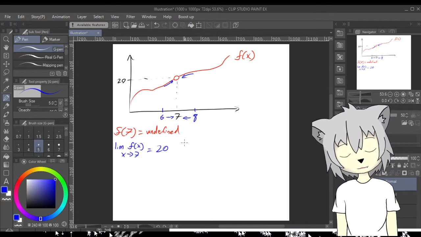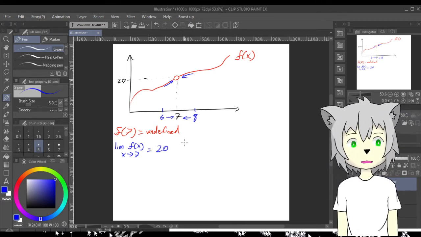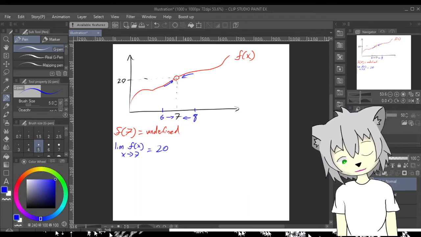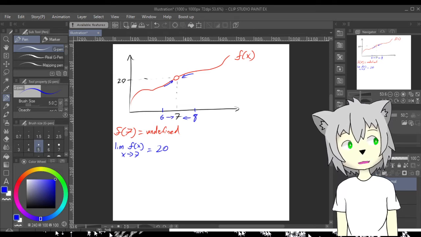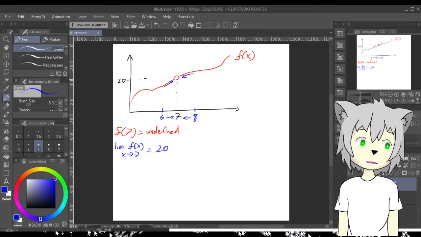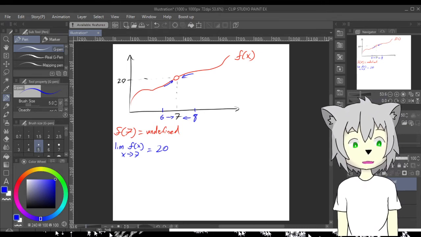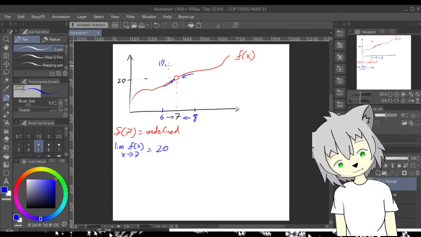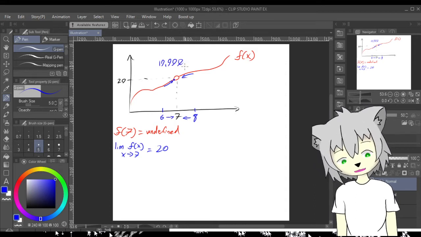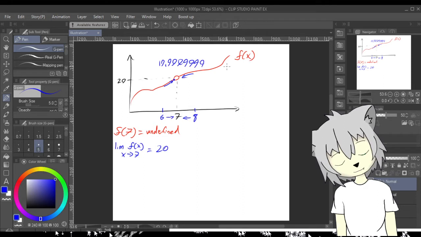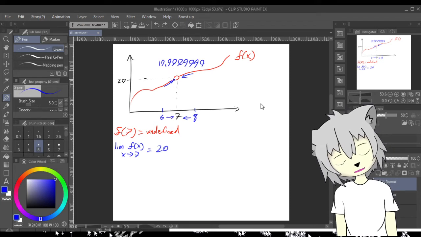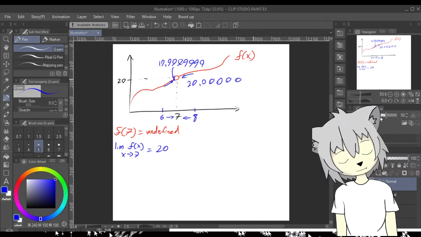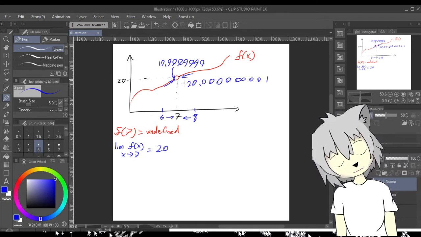And that's where it's basically a really simple concept. You look at the graph, you look at where the thing should be, and you realize that, oh hey, it approaches that, technically isn't there, but if it kept on going infinitesimally close, it could be 19.999999 something, all the way to the point where it's infinitesimally close to 7, but at this one point, and we have 20.0000000001 at this point right here.